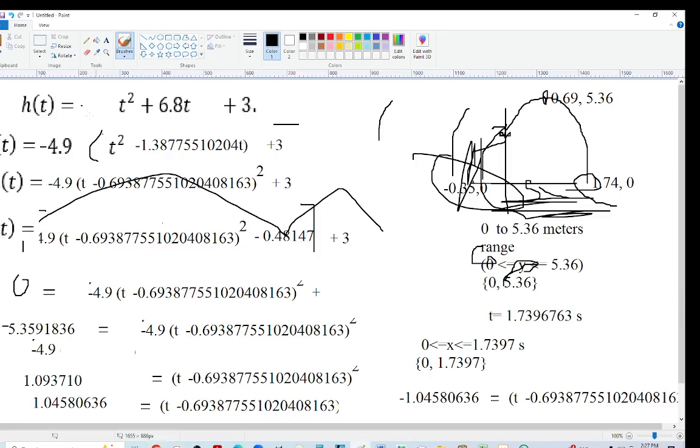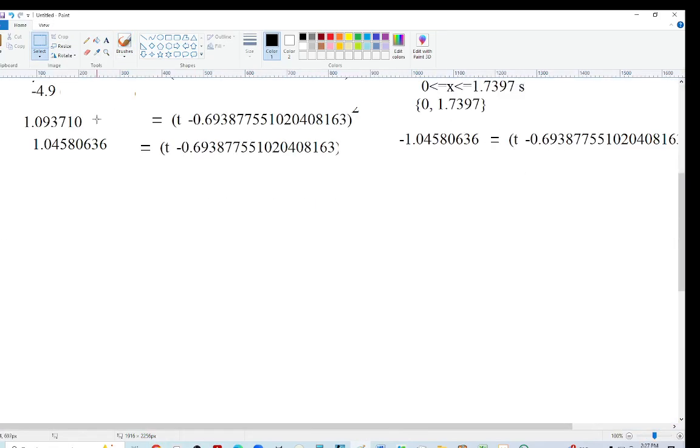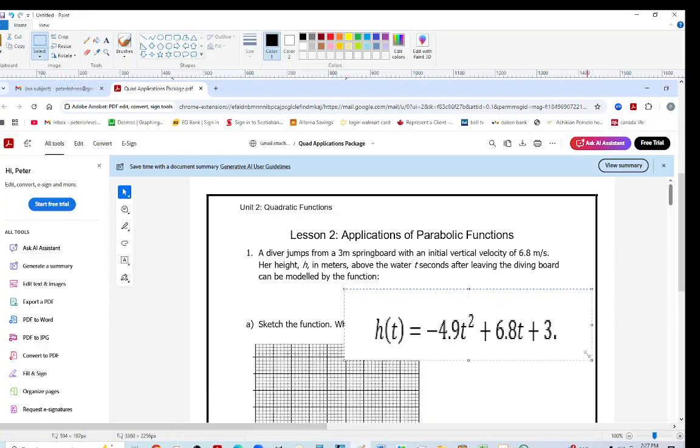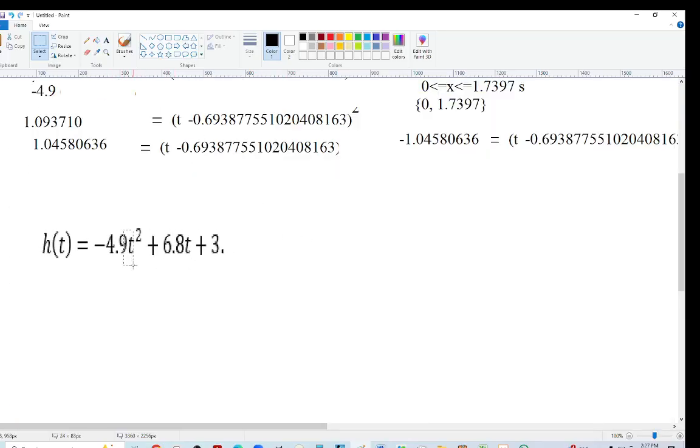So occasionally they ask stuff like this. They go, what's the height at 0.6 seconds? And that means wherever I see time, I simply put 0.6 seconds here.